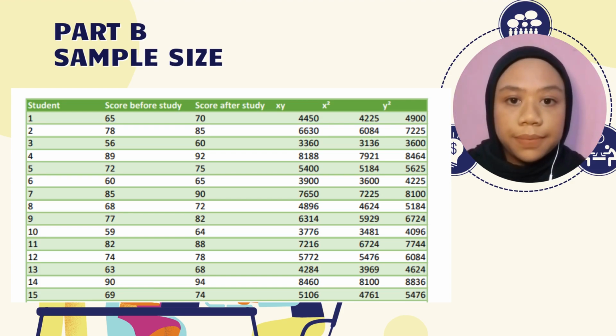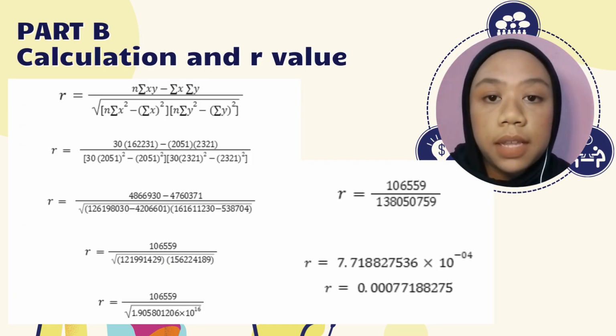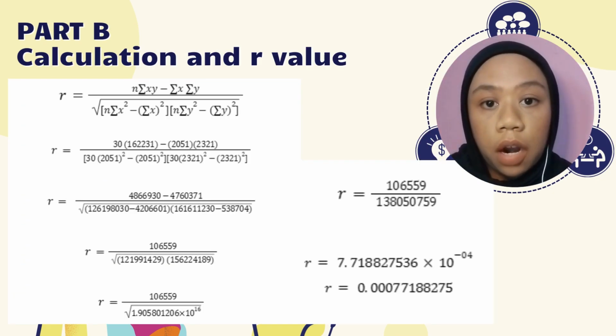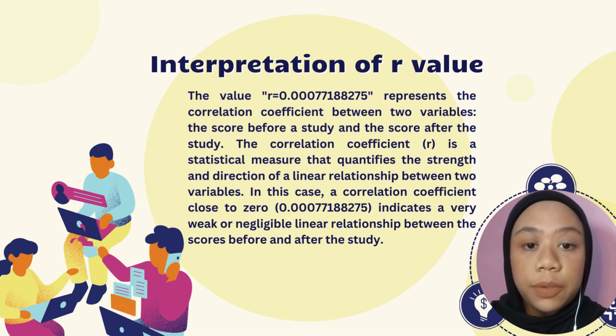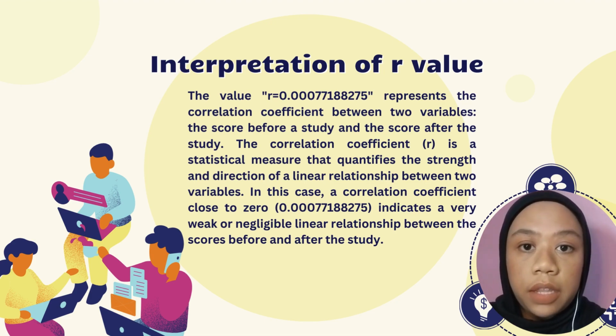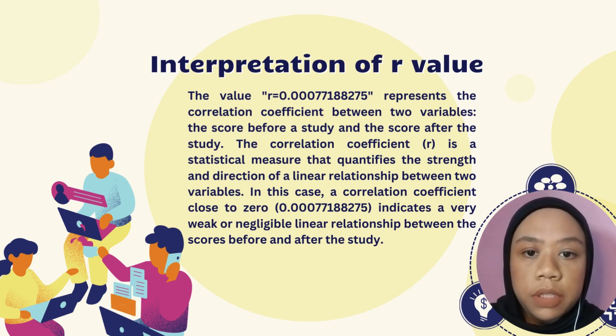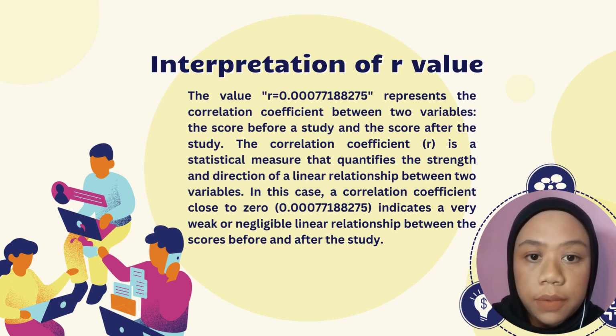The next part is the calculation for the R value. This is the calculation for the R value, and the final answer is 0.00771888275. Lastly, the interpretation of the value R. The value R, 0.00771888275, represents the correlation coefficient between the two variables, the score before study and the score after study.